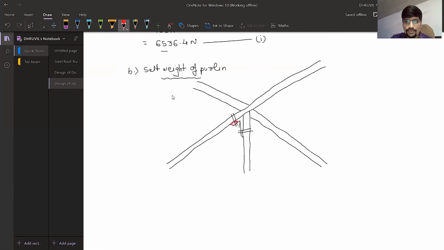This is the angle portion that we have provided. Okay, it will also go throughout the length.